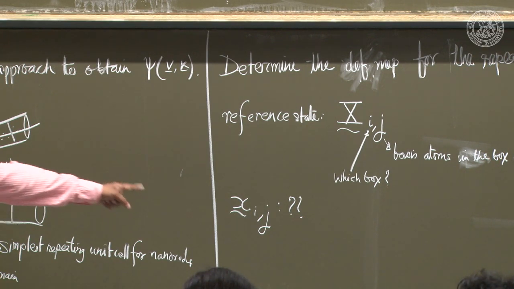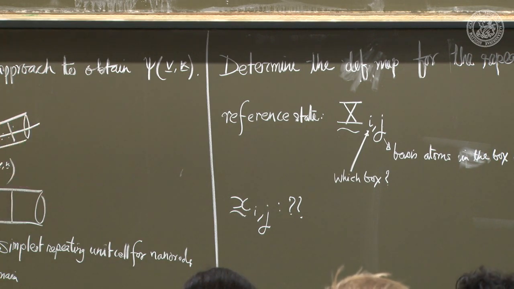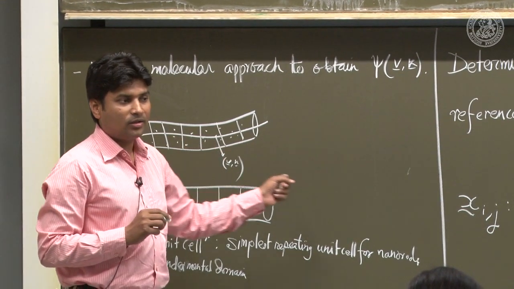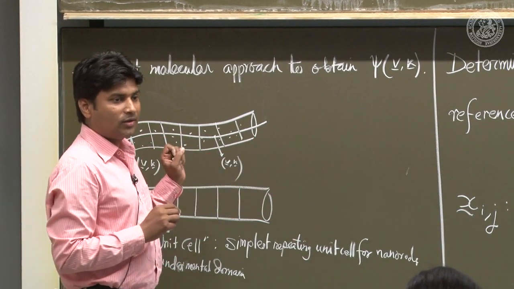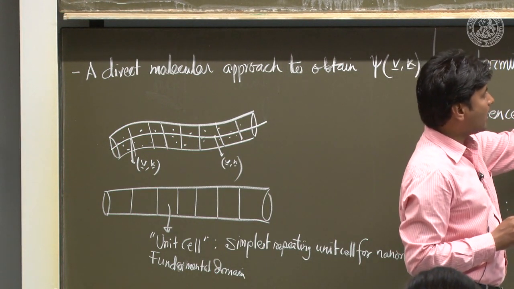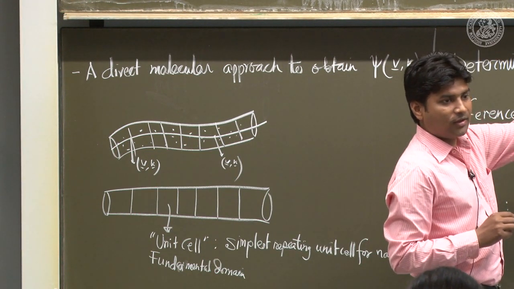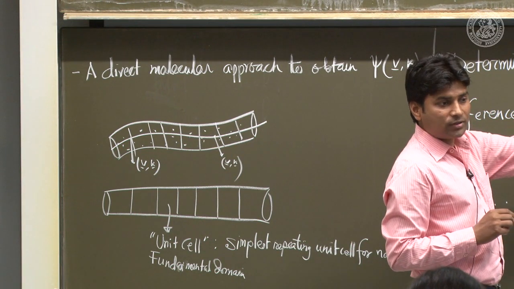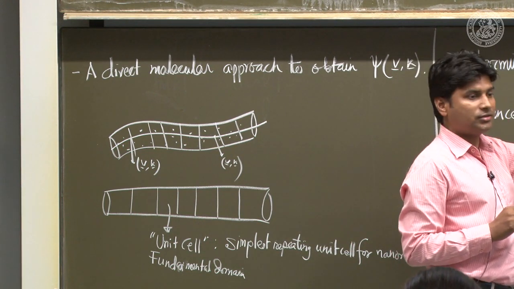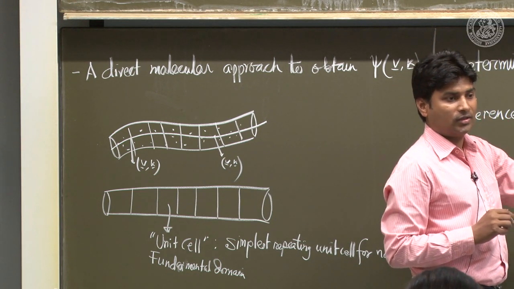And we would like to get this for a deformation in which the nanorod is subjected to constant V and K. Okay. Determine the deformation map for the repeating boxes for the situation where the nanorod, or the one-dimensional crystal, is subjected to constant V and K.